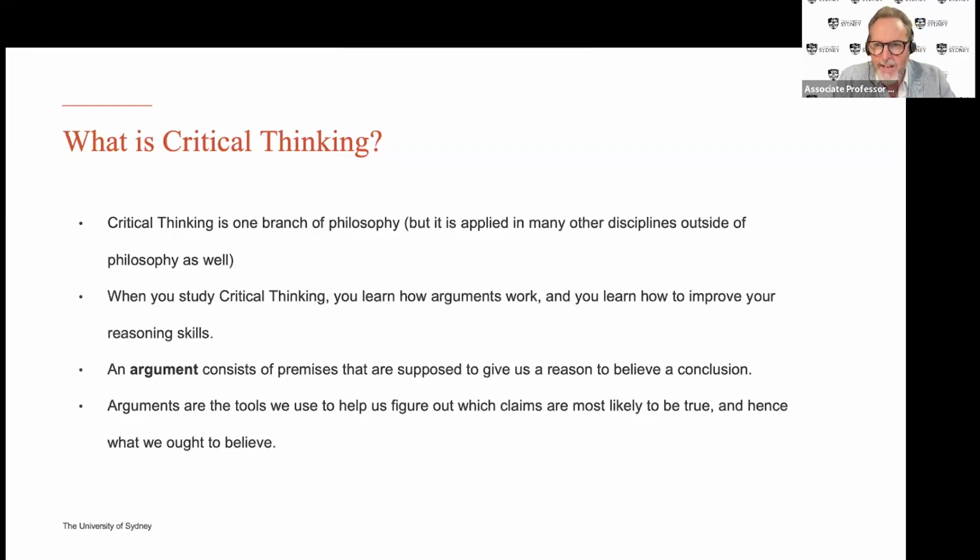The kind of arguments that philosophers are interested in are arguments in which premises are set out, which are supposed to give us a reason to believe a conclusion. So when we're focused on arguments, we are in fact looking at evidence to support a particular conclusion. Arguments are the tools that we use to help us to figure out which claims are most likely to be true, and hence to figure out what we ought to believe.